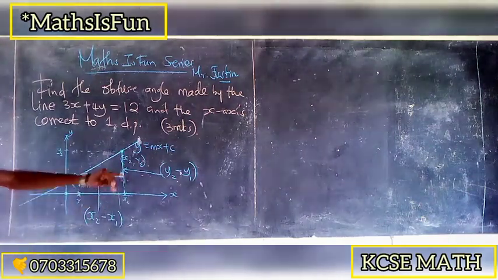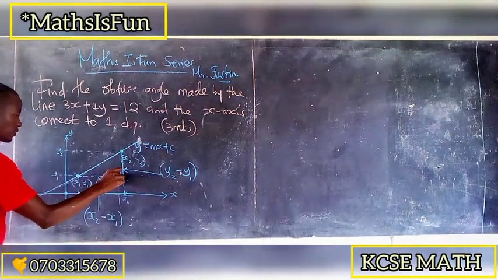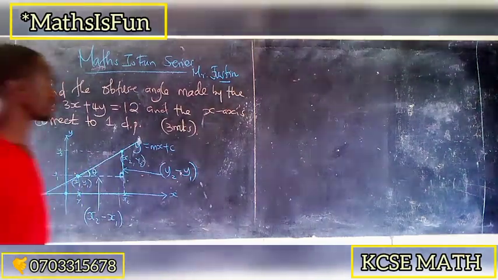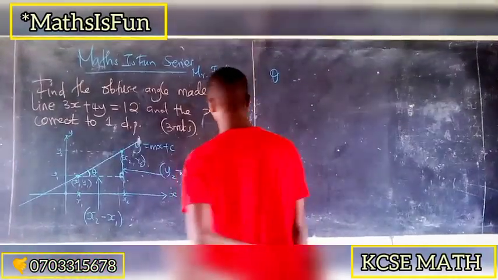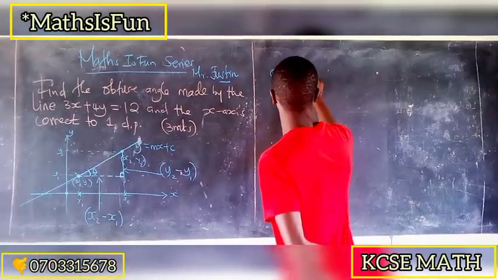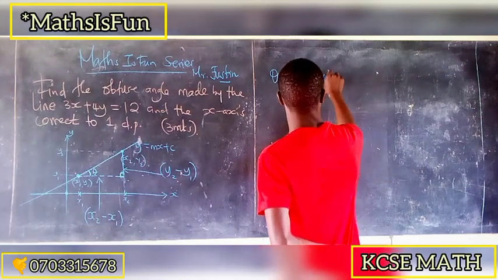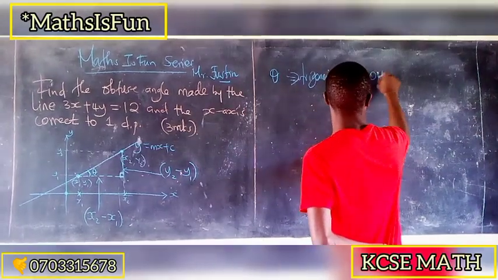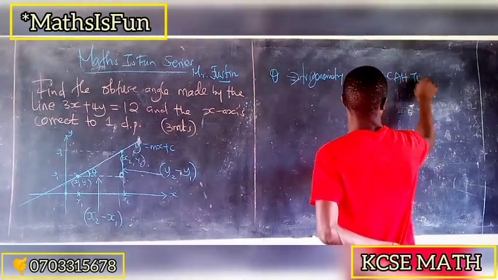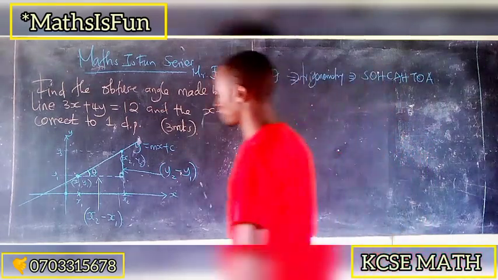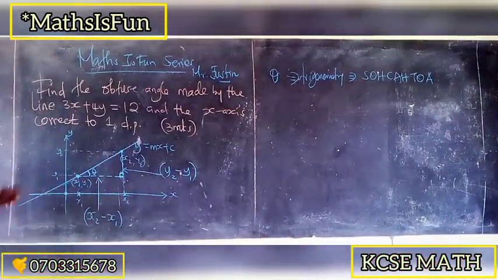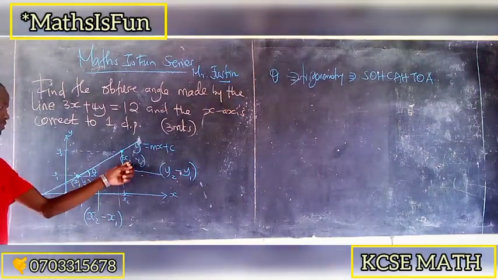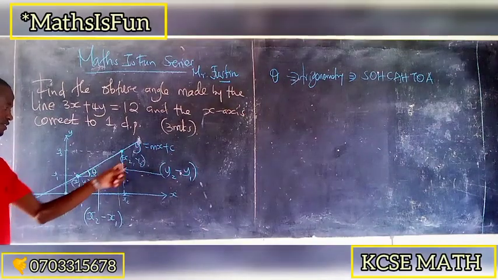Now we want to relate this using a right angle triangle and considering this angle theta that is made there. So theta, from trigonometry, whereby we are talking about SOHCAHTOA. Since we have these distances, theta can be expressed as a trigonometric ratio whereby we are going to compare the opposite and the adjacent.